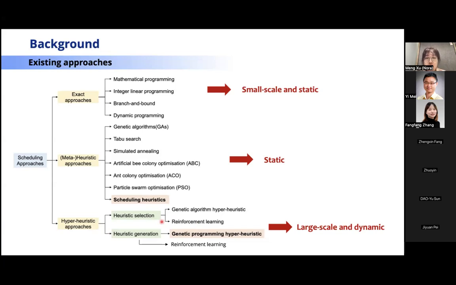But currently, reinforcement learning is mainly used for solving small-scale job shop scheduling problems, and also its interpretability remains limited. Genetic programming has been extensively studied for dynamic flexible job shop scheduling, and it can offer better interpretability. So therefore, for our fundamental research, we mainly focus on improving genetic programming methods for dynamic flexible job shop scheduling.